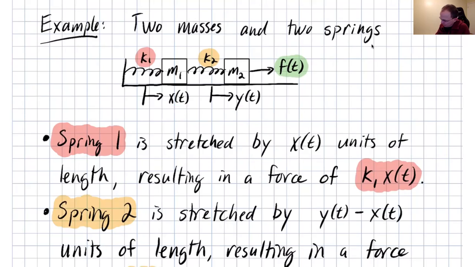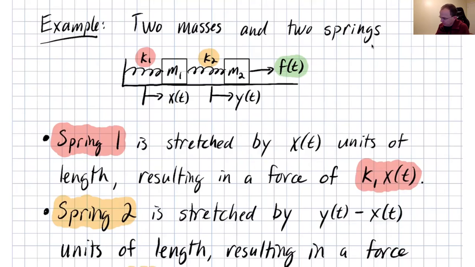So after thinking a bit about it, it makes sense that it's the position of y minus the position of x that results in the amount that the spring is stretched. If this amount is positive, then it's a stretching of the spring, and if this length is negative, then that means we're compressing the spring.